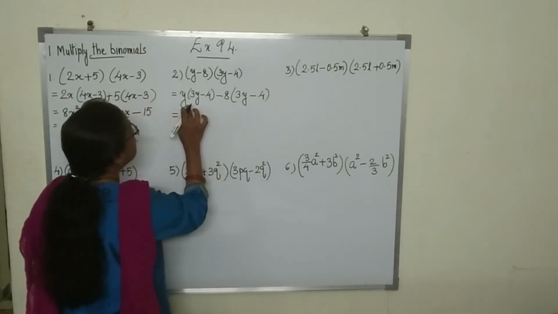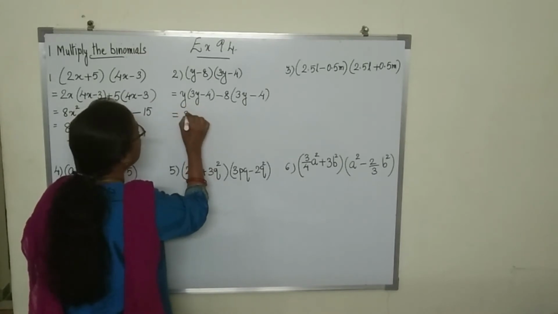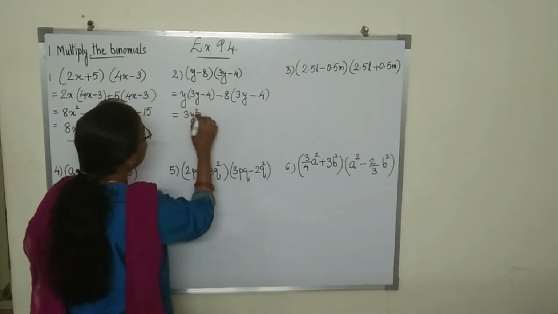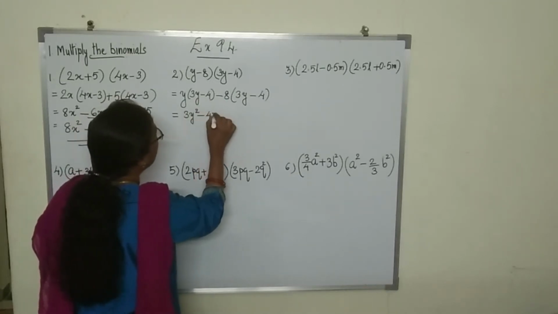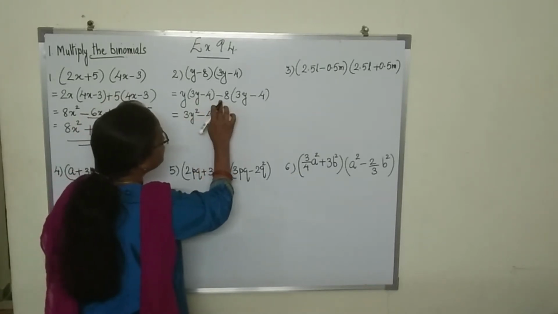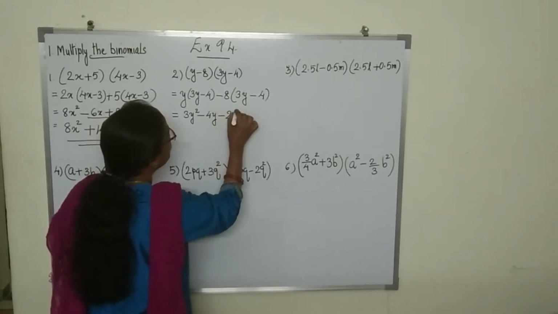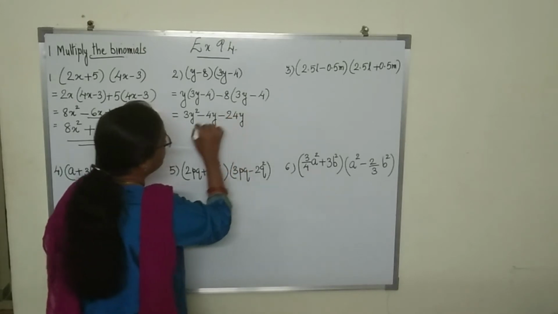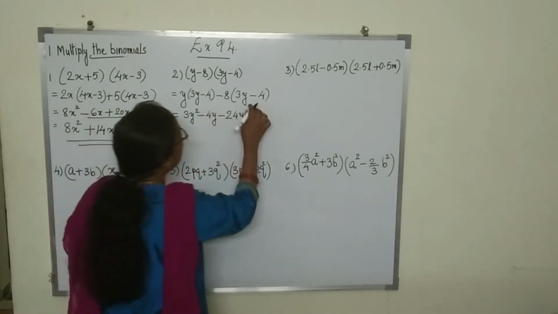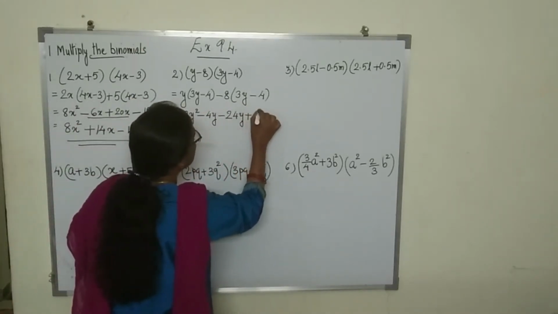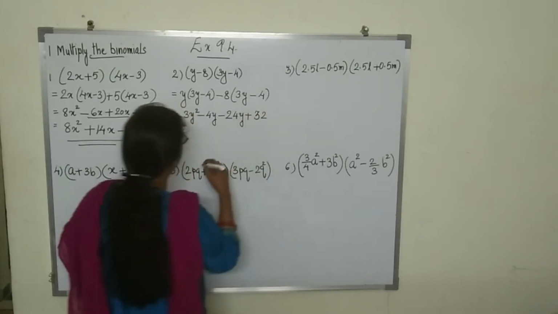That is 3y into y is 3y square. Minus 4 into y is minus 4y. Minus 8 into 3y, that is 8 3s are 24y. And minus 8 into minus 4 is plus 32.